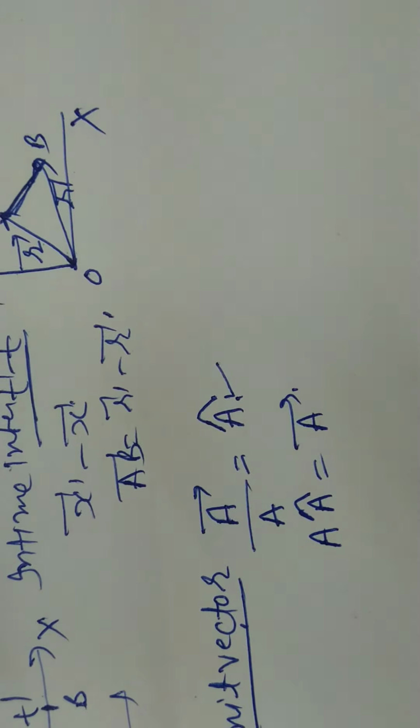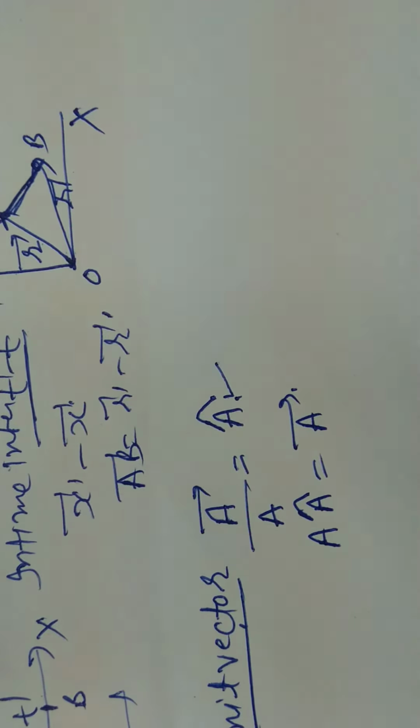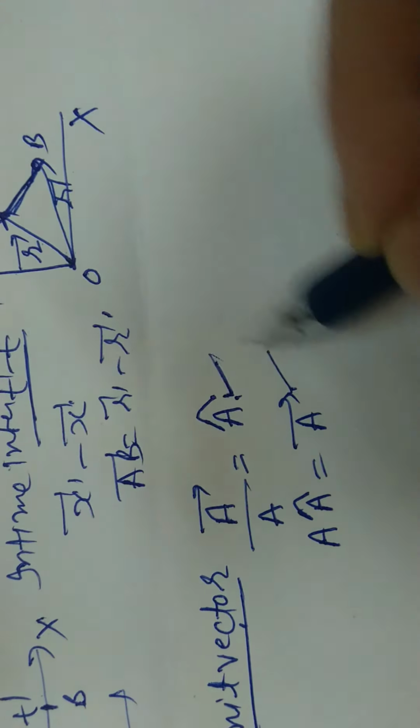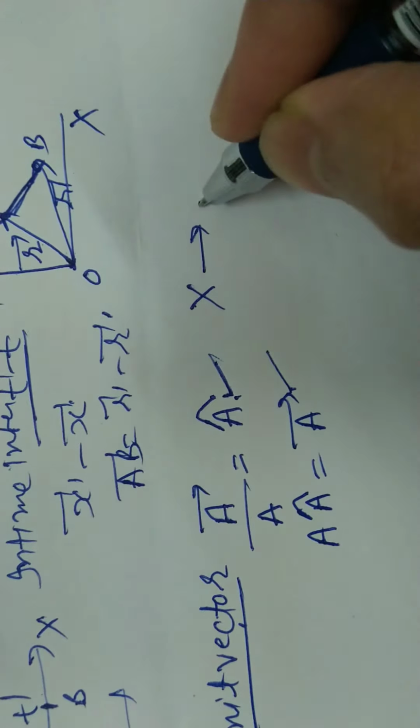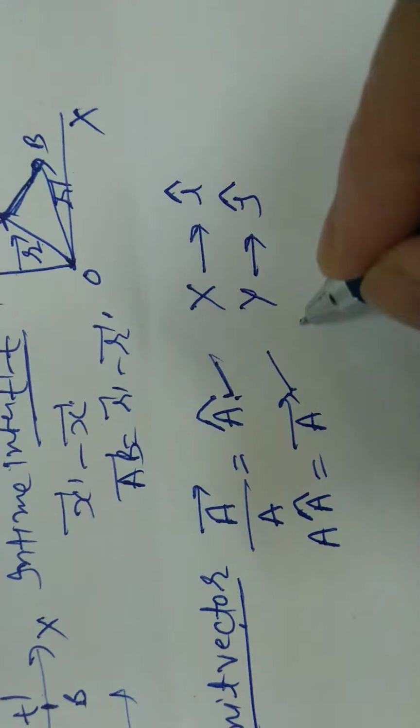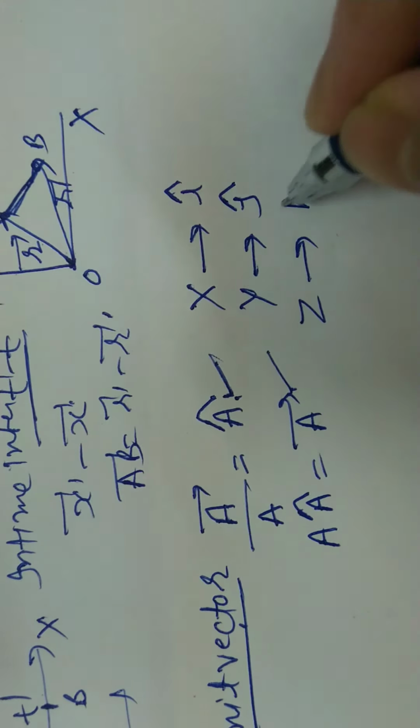Now we are using the Cartesian coordinate system to represent the position and describe the motion, so we have to describe the direction for these three axes. For the x-axis it is i cap, for the y-axis it is j cap, and for the z-axis it is k cap.